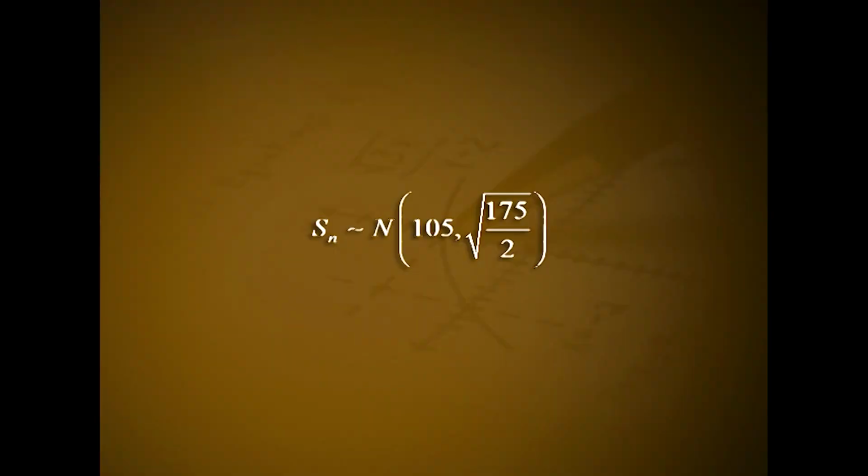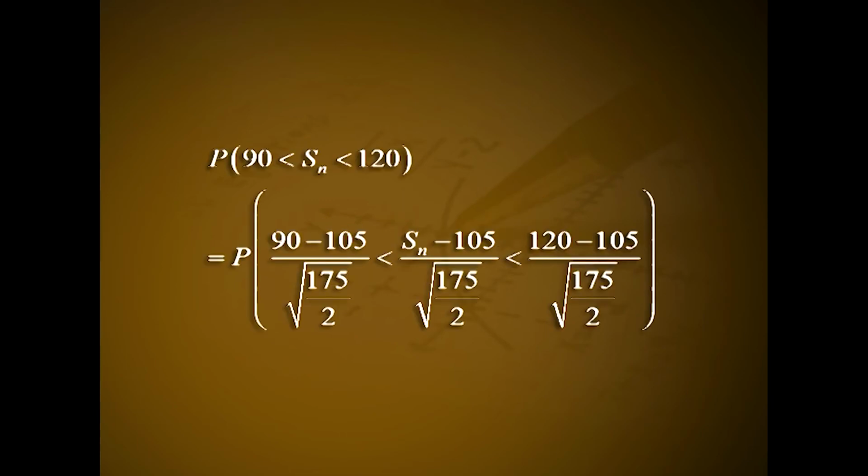By central limit theorem, Sn follows normal with mean 105 and standard deviation square root of 175 divided by 2. So, probability of 90 less than Sn less than 120 equal to probability of (90 minus 105) divided by square root of 175 by 2 less than (Sn minus 105) divided by square root of 175 by 2 less than (120 minus 105) divided by square root of 175 by 2.